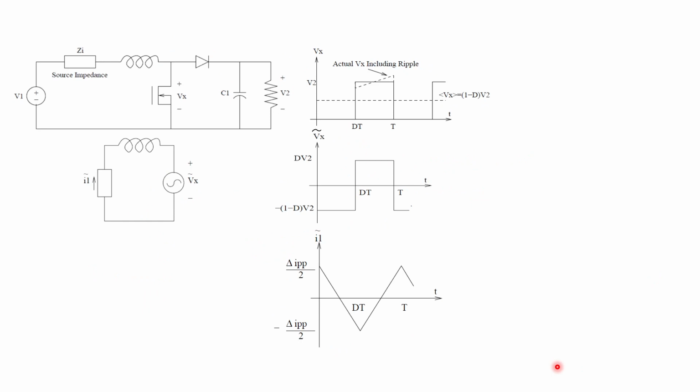Similarly, let's find the ripple of current flowing in and out of the inductor. So first we assume that capacitor C1 here is big, so that there's no ripple of the voltage here. This one is big enough so that the voltage will be constant here.